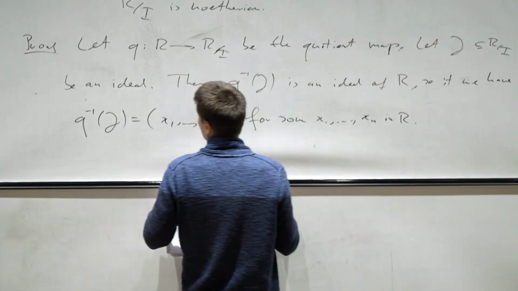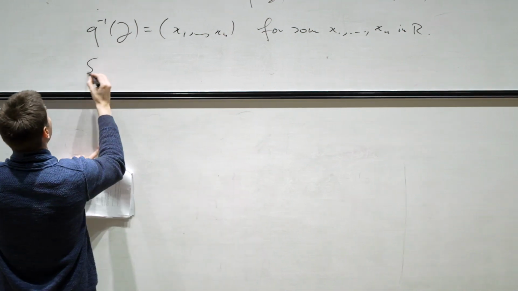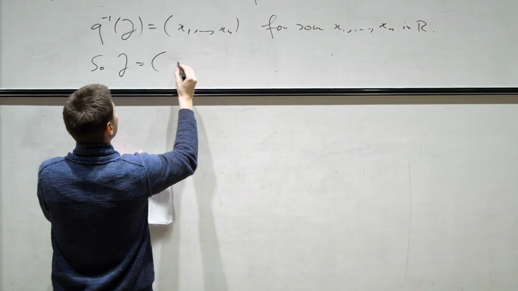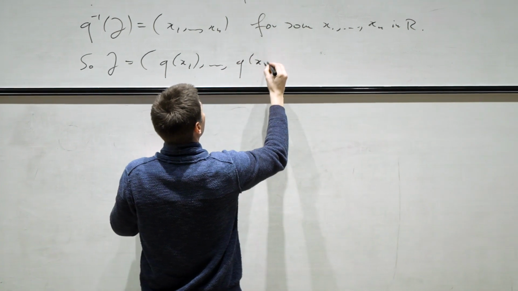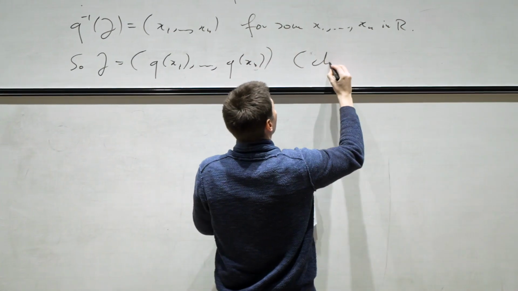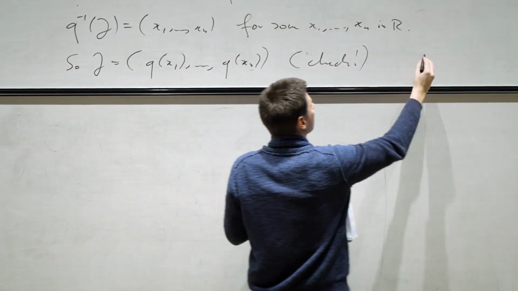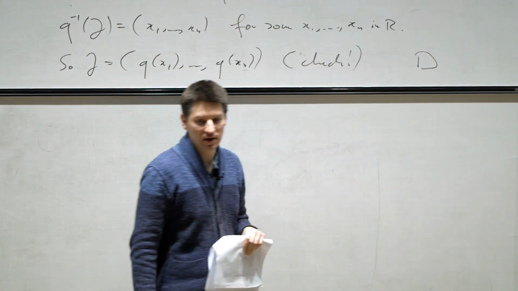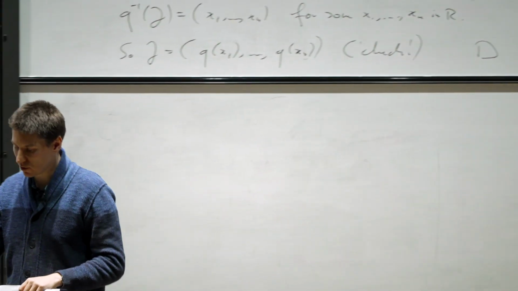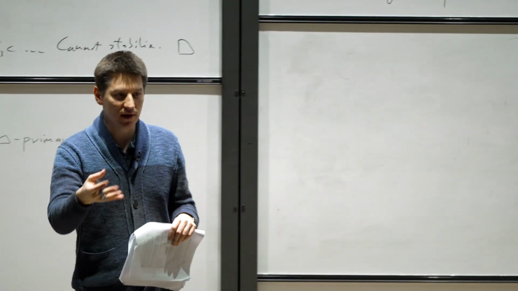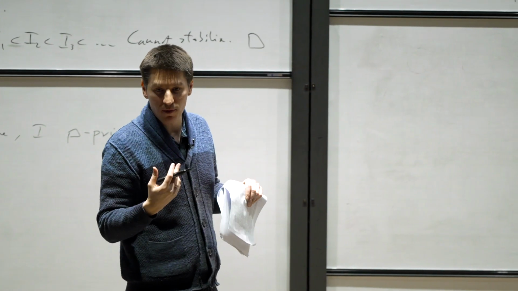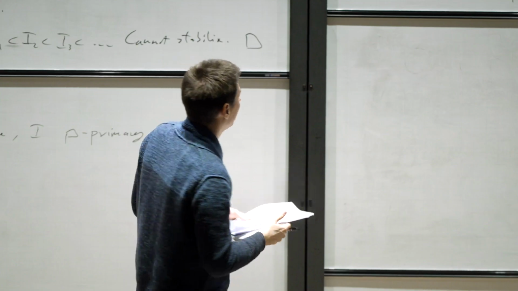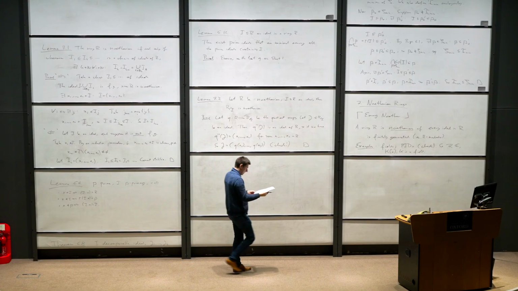And now we push by Q. Check this, and that's the end. Extremely easy. Start with an ideal in the quotient, pull it back, it's finitely generated. Finite generation is a property that descends to quotients. Okay, so that's that.